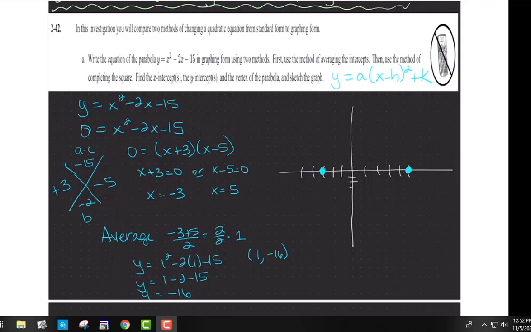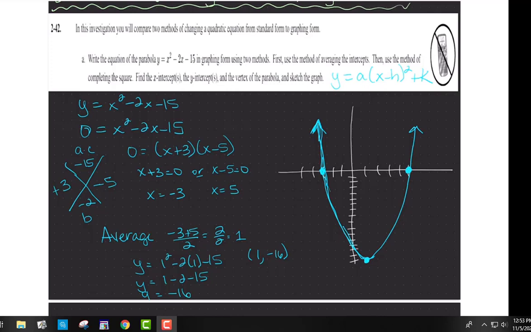So 1, 2, 3, 4, 5, 6, 7, 8, 9, 10, 11, 12, 13, 14, 15, 16. So I was at 1, -16. So that's my vertex right in the middle. And I know I got a continuous function. Whoops. Perfectly drawn parabola in somebody's world. Fill it in a little bit.